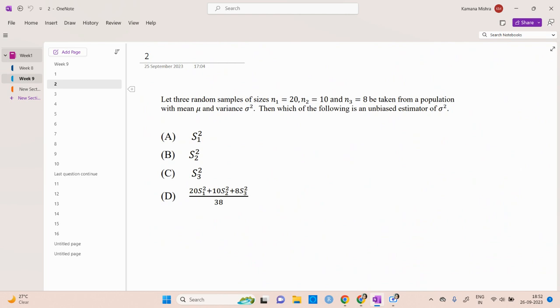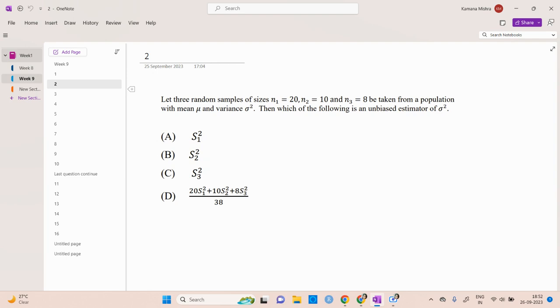Now the next one is: which of the following is an unbiased estimator of sigma square? So the given thing is that the samples come from a population following the normal distribution.